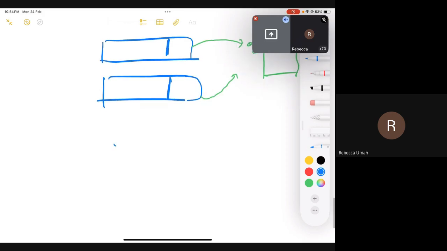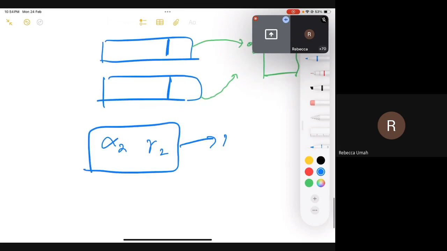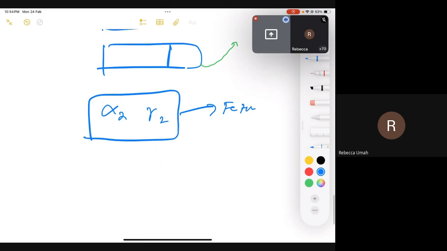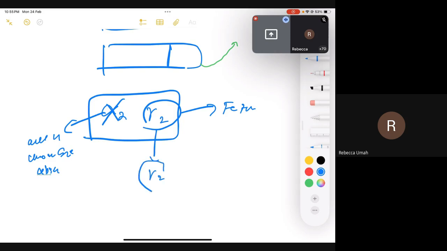We have alpha 2 and gamma 2 for your fetus. If you do not have alpha, because all 4 genes are absent, the remaining gamma 2 is going to combine with another gamma 2, and collectively this is going to form a complex. What's the name of this hemoglobin now?